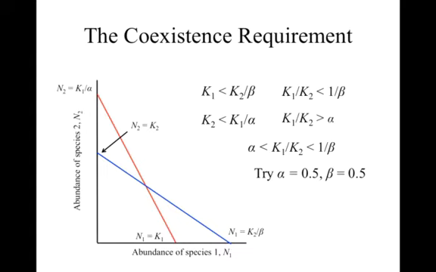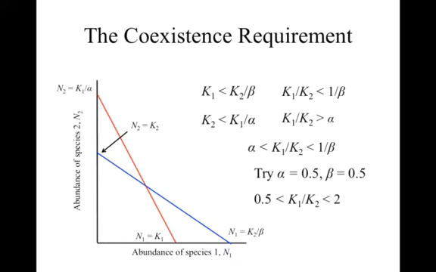If that's true for both species, in that case, 0.5 has to be less than K1 over K2, which has to be less than 2. So we can violate that depending on how we pick K1 and K2, right? So it's possible that this won't work out, but we can make it work out.